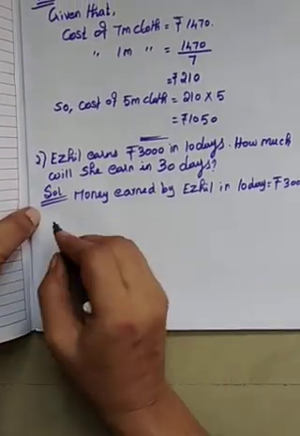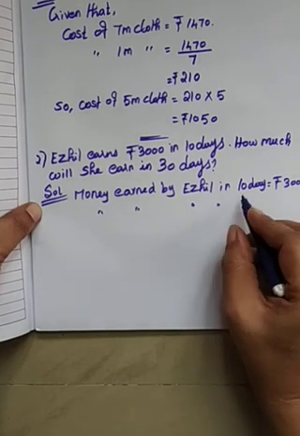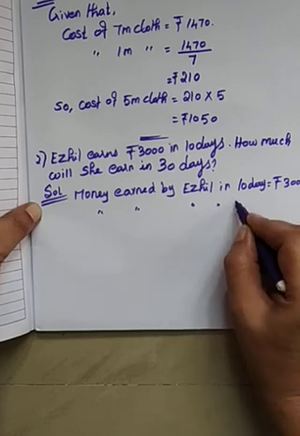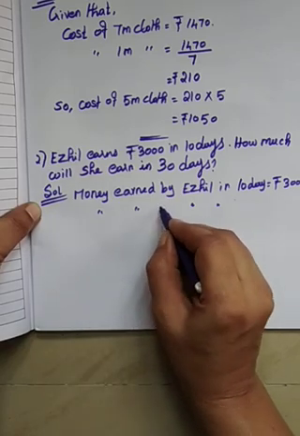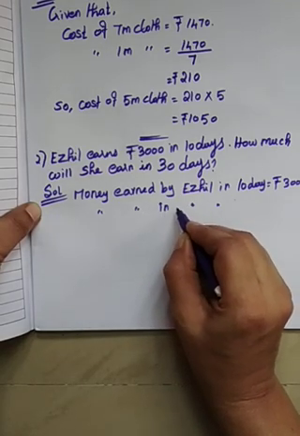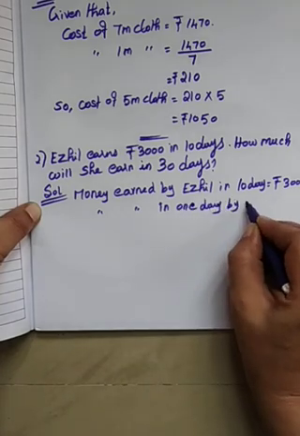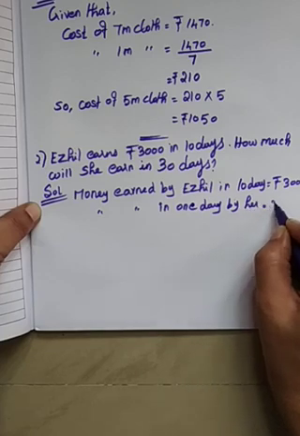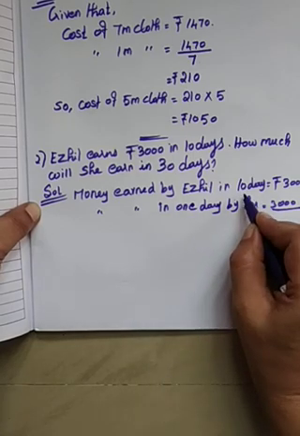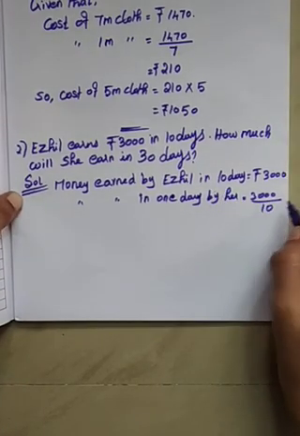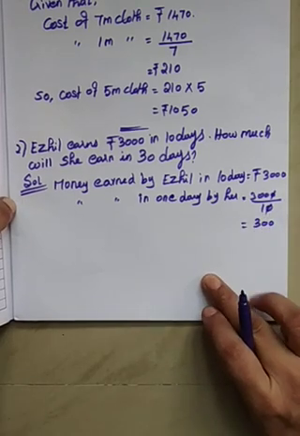See, now next you have to find money earned by Elil in 1 day. Okay, that means money earned in 1 day by her. So you have to write this 3000 divided by how many days here? 10 days. So divided by 10. So what will you get? 1 0 cancel. So you will get 300. Clear?